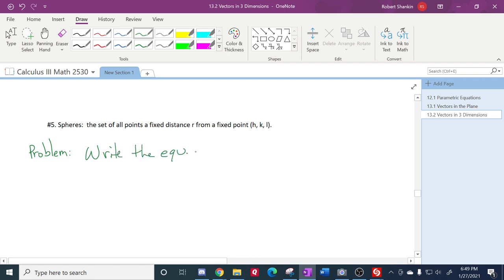Write the equation of the sphere whose center is 1, 4, 2, and radius is 3.